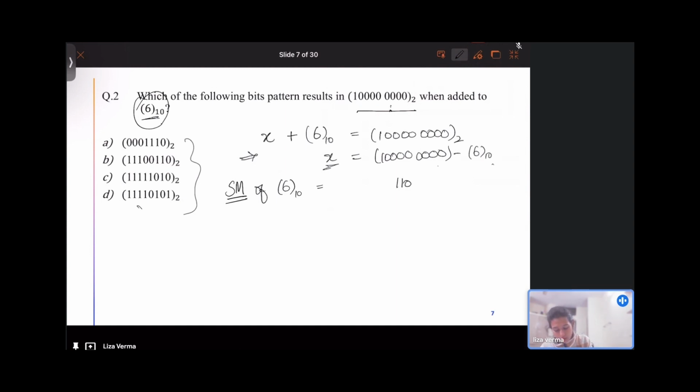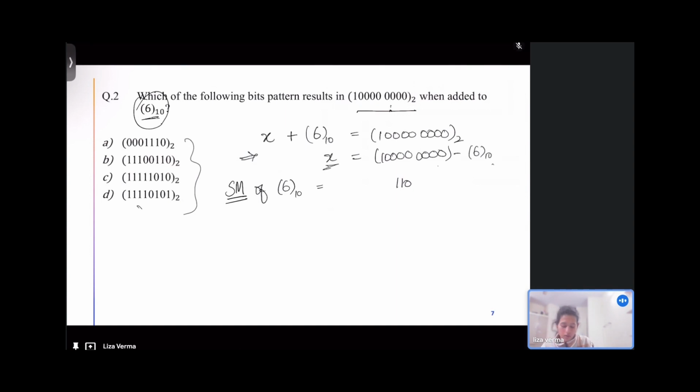But since we want it in 9 bits, and since it doesn't matter if we put zeros before any number, we can put any number of zeros that we would like. So this is what, 1 2 3 4 5 6 7 8 9, 9, right?